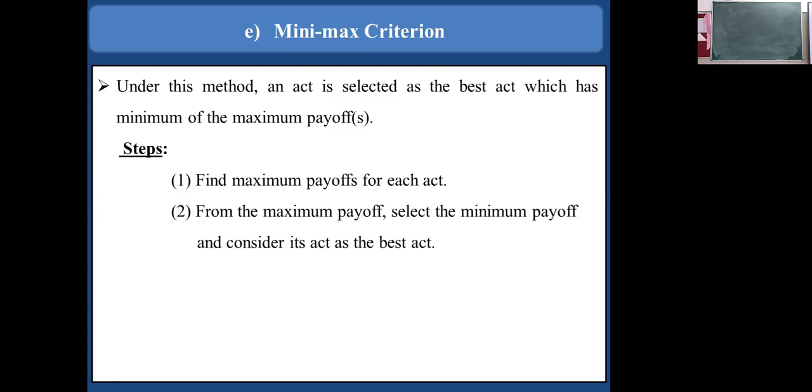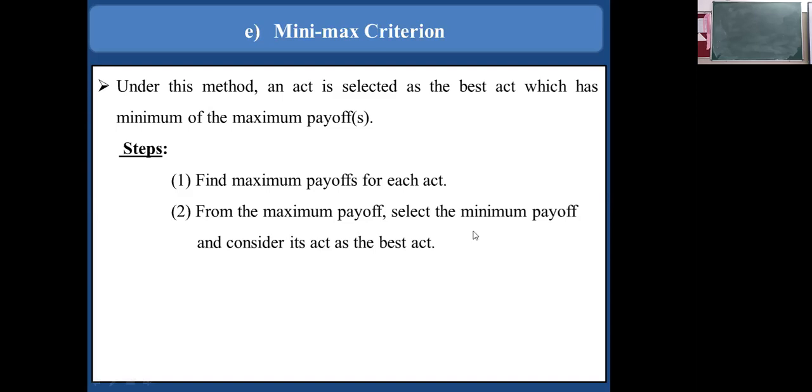After finding the maximum payoff, we have to select the minimum payoff from these maximum payoffs and consider it as the best act. That means finally we have to consider that act as the best act which has the minimum of the maximum profit.